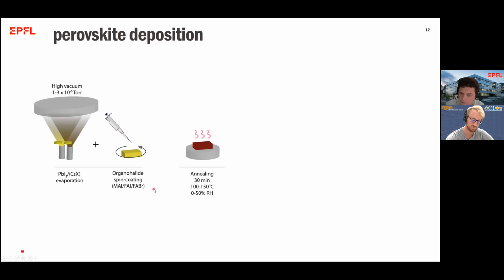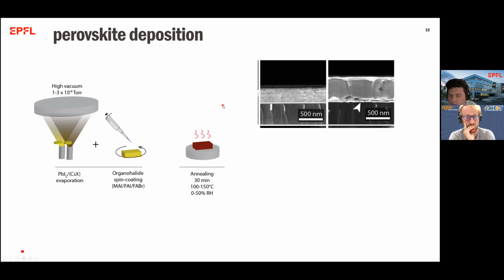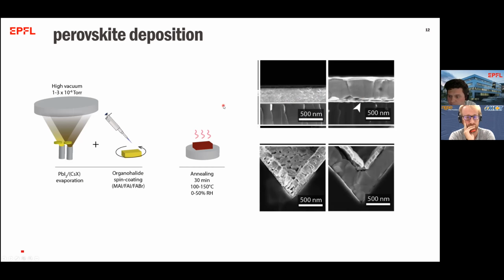And like this, you can see here on the right side, we start from the template, and it swells up because of the extra organohalide, and we can do this in planar configuration, but also in tandems, and conformally grow perovskites on the tandems.